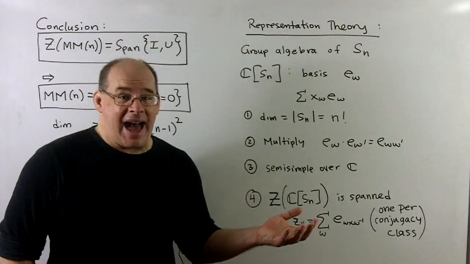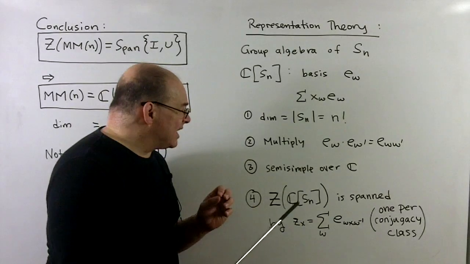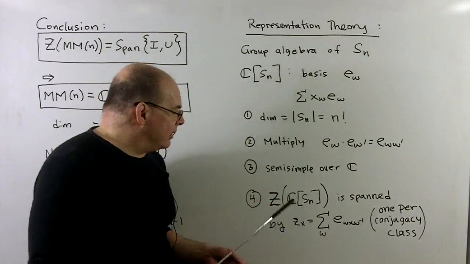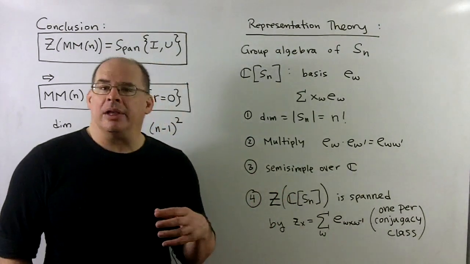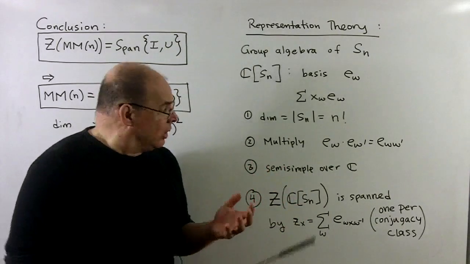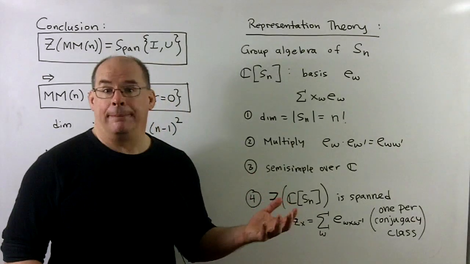This will be block diagonal. And then, if I want to know how many blocks we have, we go look at the center. In this case, it's a straightforward exercise to show that the center is going to pick up a dimension for each conjugacy class. And then what you do is you take the formal elements for your conjugacy class and just take their sum.